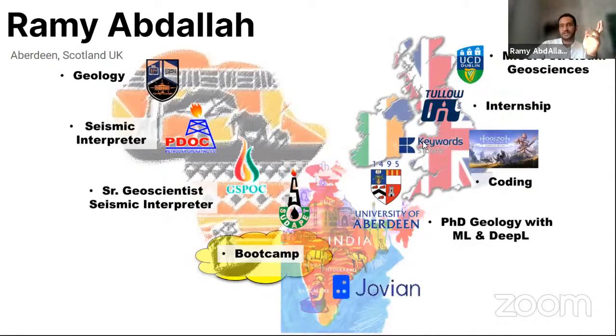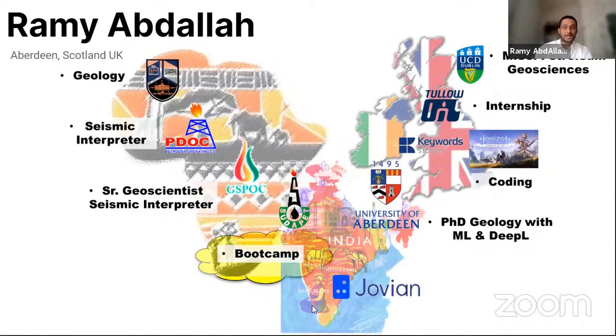After I completed my degree, I worked at Keywords Studios, attached to a project by Sony for 3 months in the Netherlands, where I was exposed extensively to coding and programming and got my passion for it. Later, I had the opportunity with a fully funded project to do my PhD at the University of Aberdeen, merging geology, machine learning, and coding.